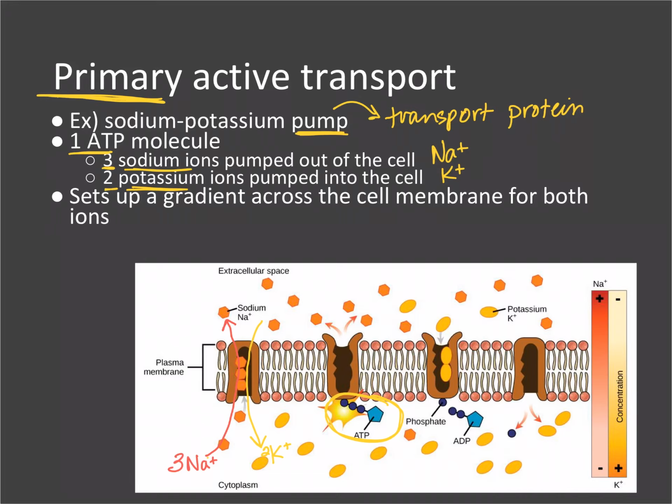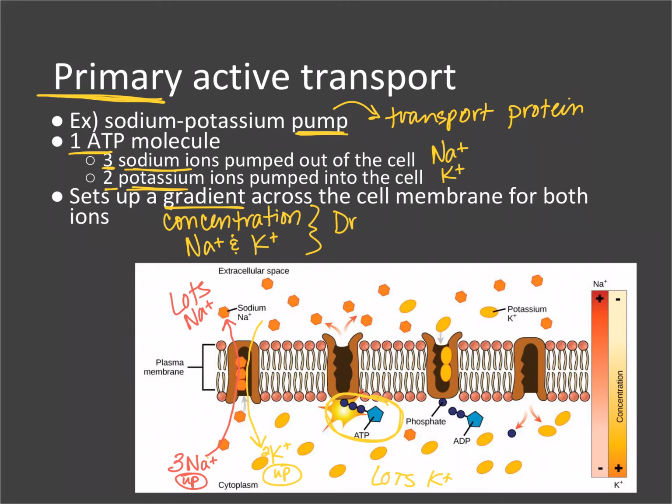And this actually sets up a concentration gradient across the cell membrane for both of these ions. So there is a sodium concentration gradient and a potassium concentration gradient that's being set up across the cell membrane. And this is important because this becomes the driving force for secondary active transport.